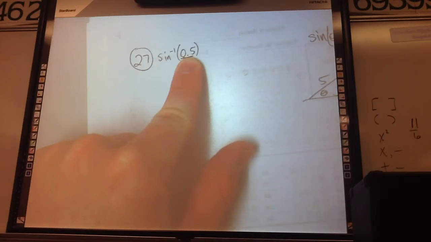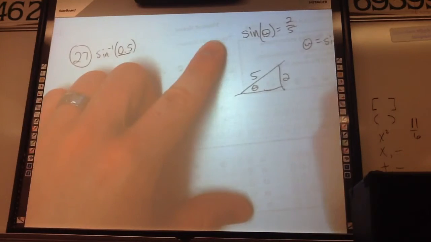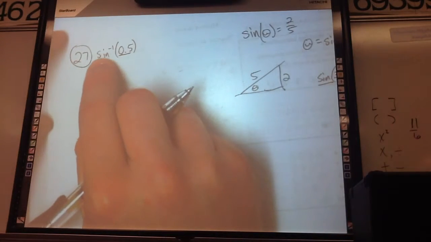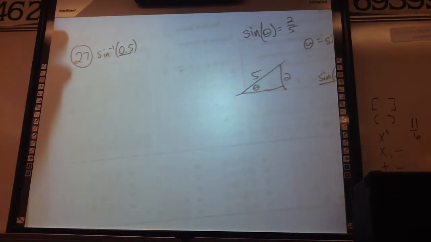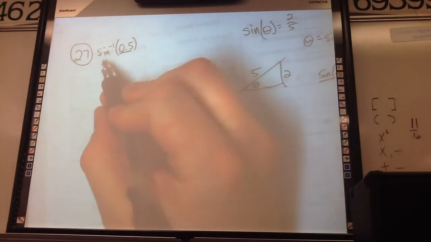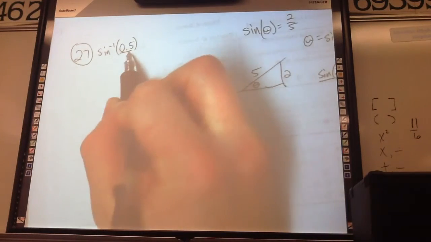If you just write sine, that means the ratio of this angle's opposite and hypotenuse. This says what angle has this ratio. So you're looking backwards. They're opposites of each other. That makes a lot more sense. So this is saying what angle has a sine of 0.5.